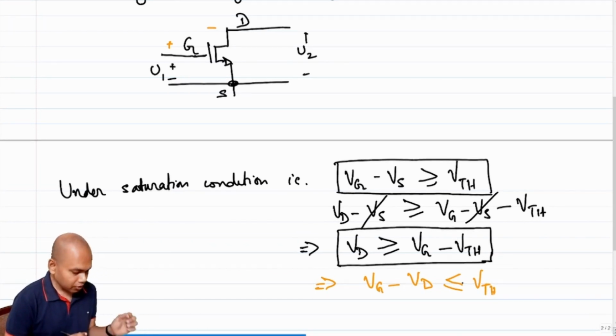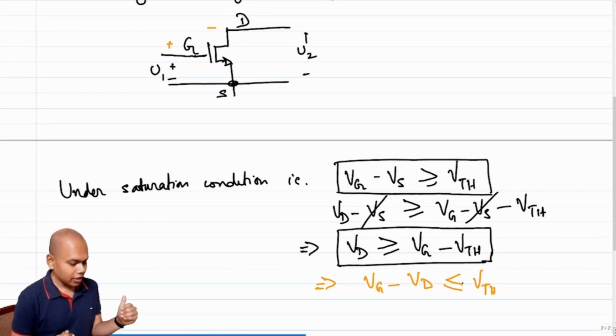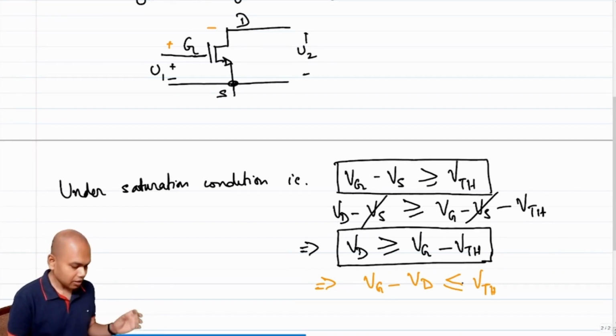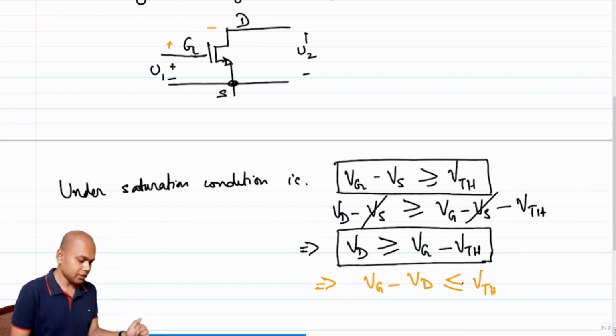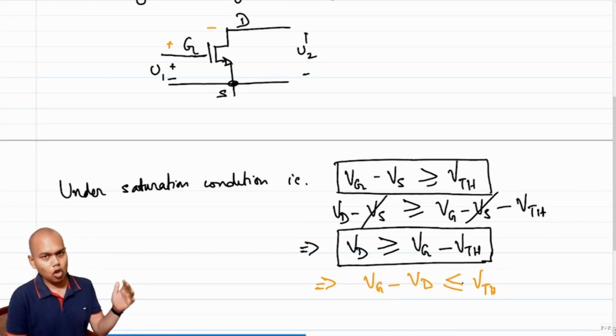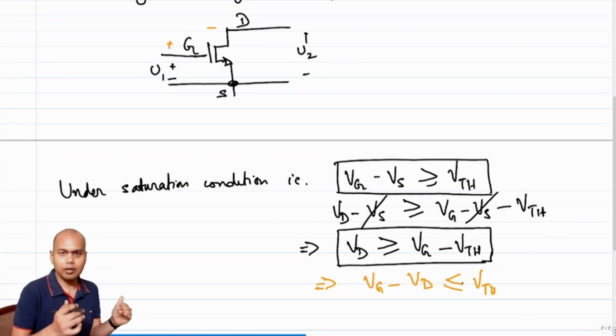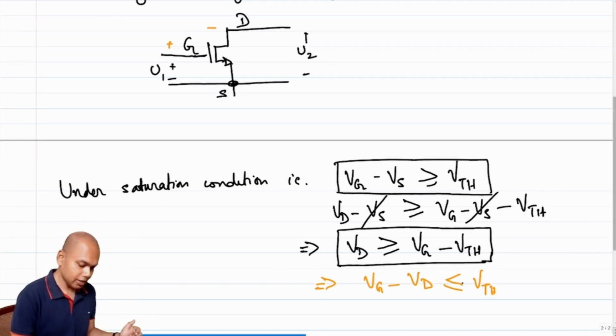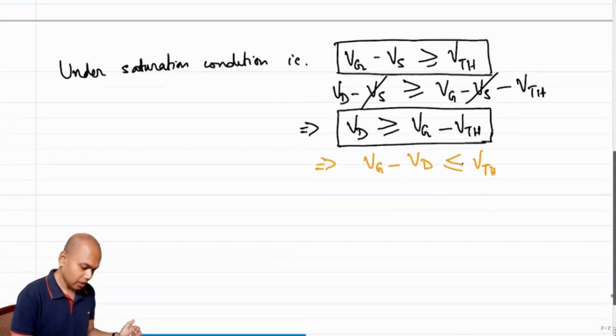So in other words, it is saying that the voltage at the gate can be even higher than the drain voltage, but by a maximum of one threshold voltage, right? So if these two conditions are satisfied, that is VGS is greater than the threshold voltage and the drain is not lower than the gate by more than one threshold voltage, then your saturation condition is met.